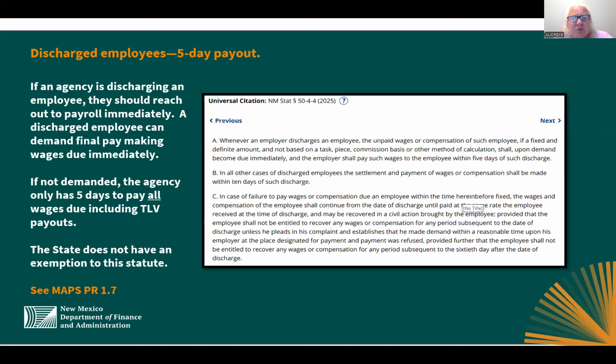Heather is saying an issue will be when HR changes the timesheet and the employee receives notice of the change to the timesheet. They may make additional changes prior to DFA completing the process. So, as I understand your statement, Heather, you're saying that you may have had to add time or change time that the employee had already input, and they will receive an email that says, Audrey Beck has changed your timesheet.